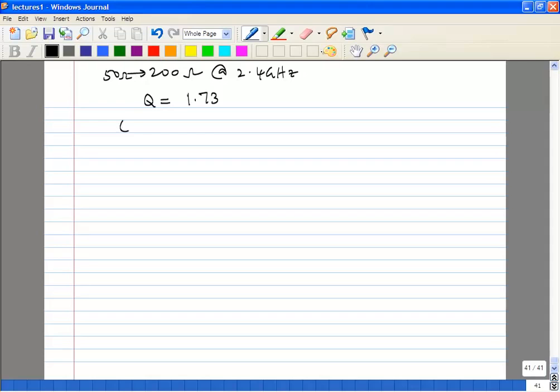Then what do you know? You also know that Q is omega naught CP RP for the parallel network. Is that right? So what that means is you can find CP is Q over omega naught RP.